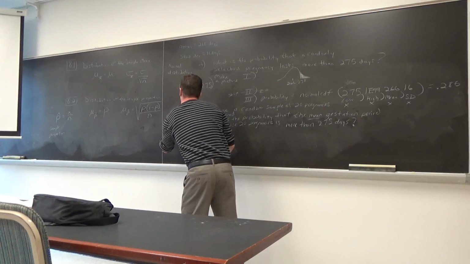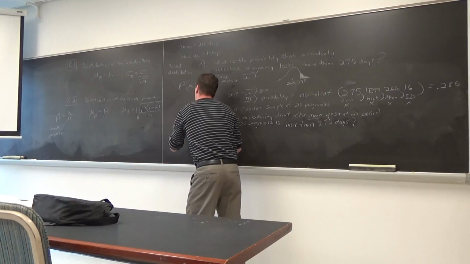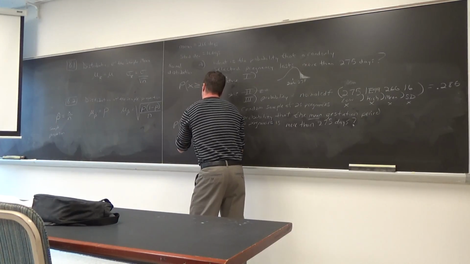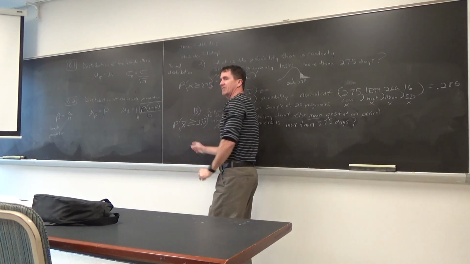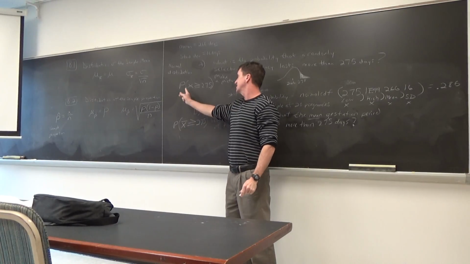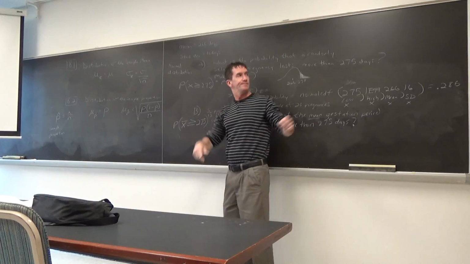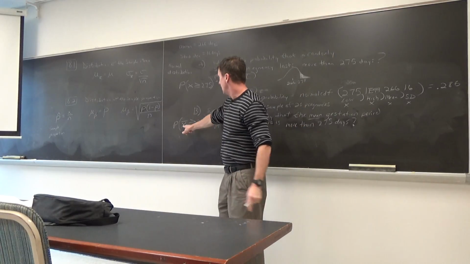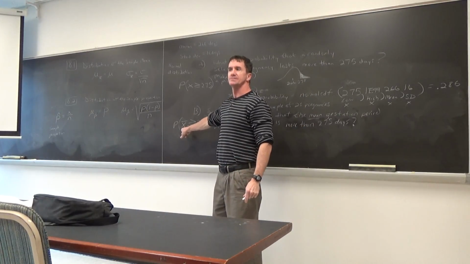This question is, what's the probability that X bar is greater than or equal to 275? So if you can, write that down. This is the difference between these questions. This is just dealing with that one X, that 1A. Now we're talking about the mean of 20 of these.